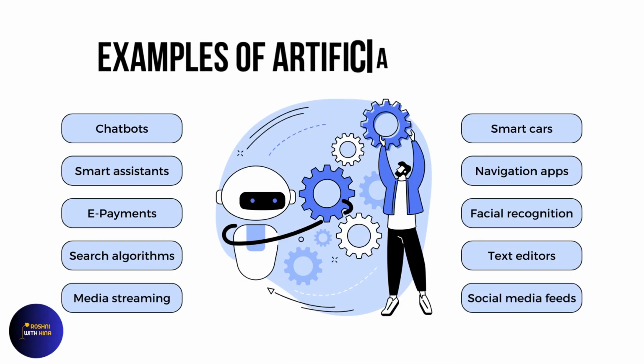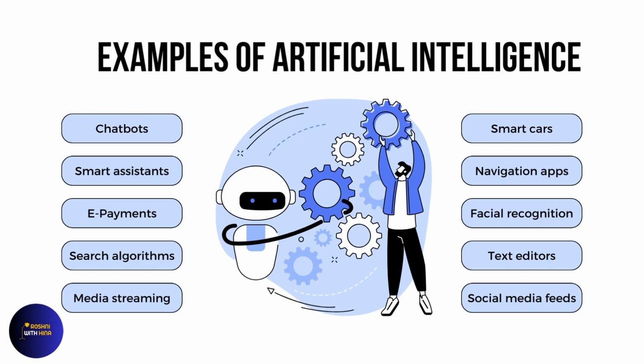Some examples of artificial intelligence: number one, chatbots, smart assistants, e-payments, search algorithms, media streaming, smart cars, navigation apps, facial recognition, text editors, social media feeds. These are the most common examples of artificial intelligence.